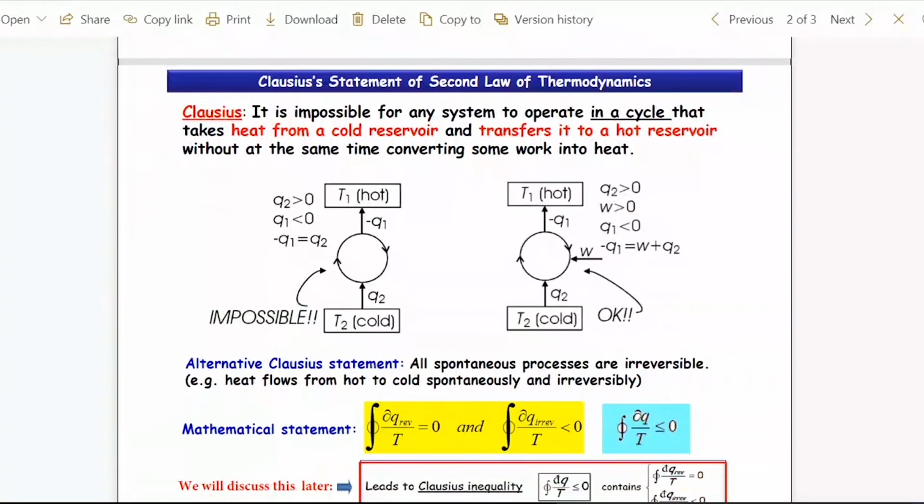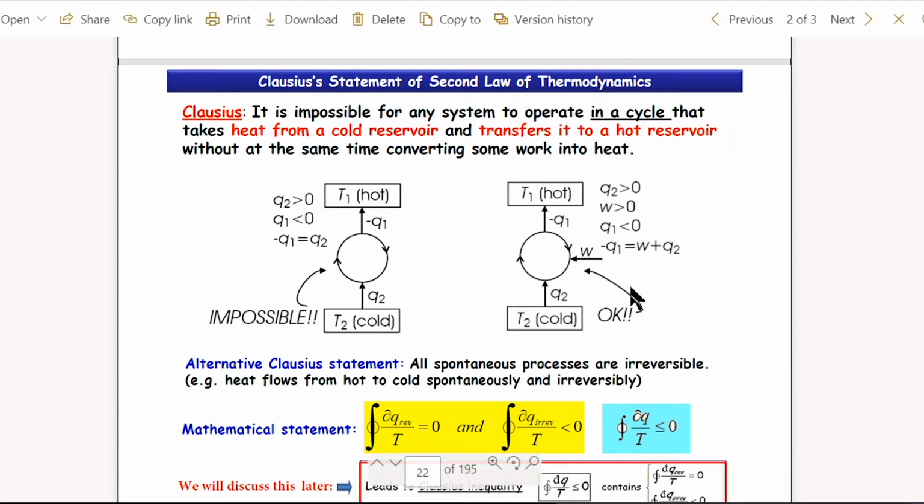Similarly, there is another postulate by Clausius. It's again an inverse sort of statement, based on, say, a refrigerator. It is impossible for a system to operate in cycle that takes heat from a cold reservoir, that is, Q is positive, the system is absorbing some amount of heat and transferring it to the hot reservoir, without some amount of work being done on the system.